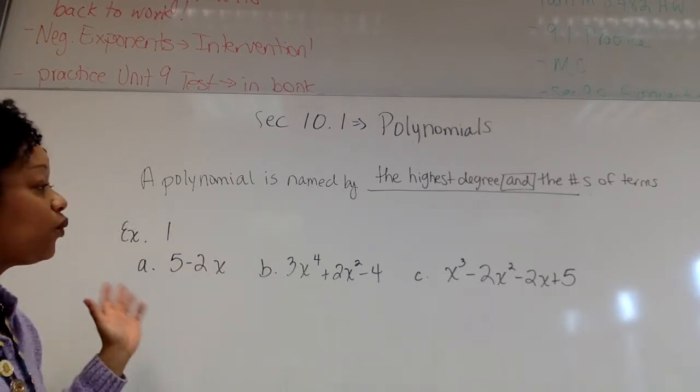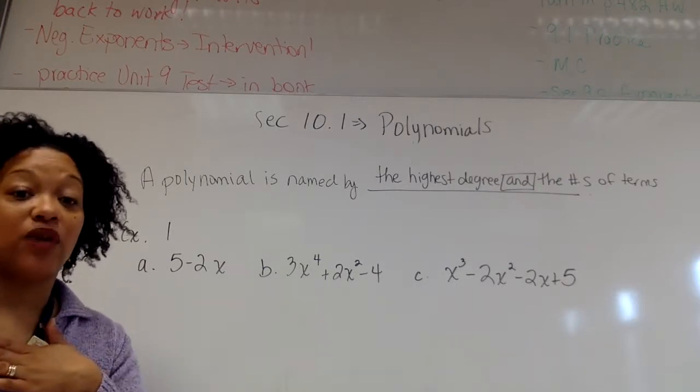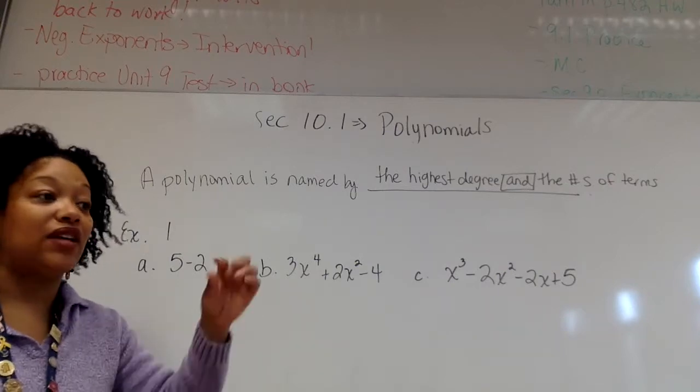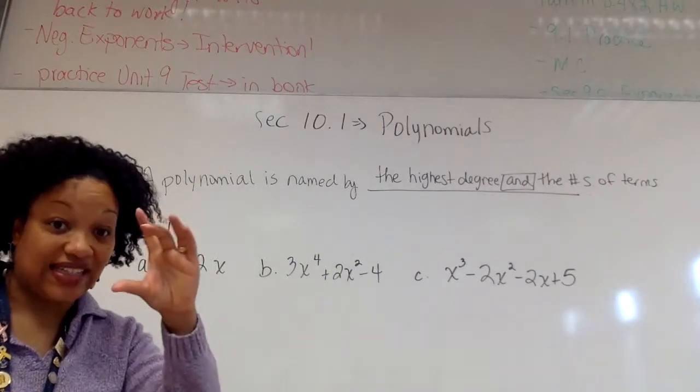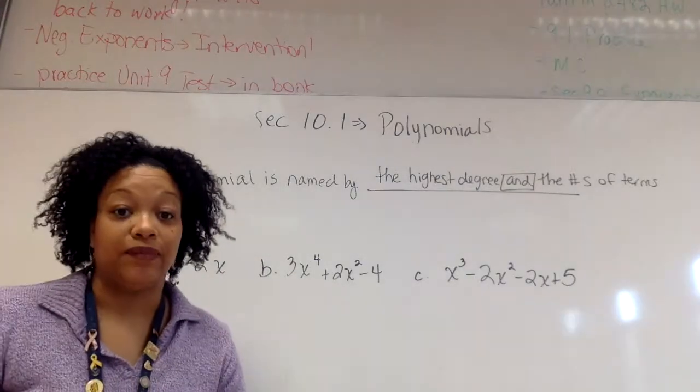Now, if one of these does not have a name from the table, I'll show you how to write it. That doesn't mean it doesn't have a name. It just doesn't have a defined name. You just say it's to the 10th degree or to the 12th degree, right?